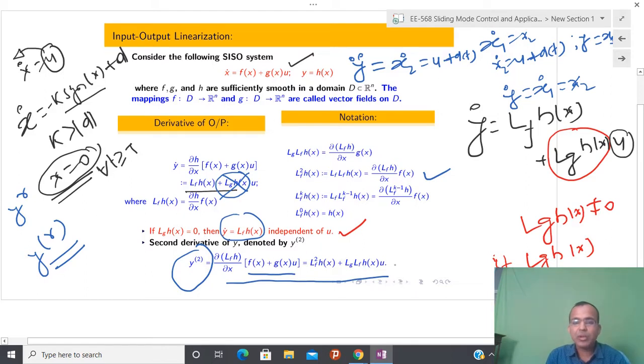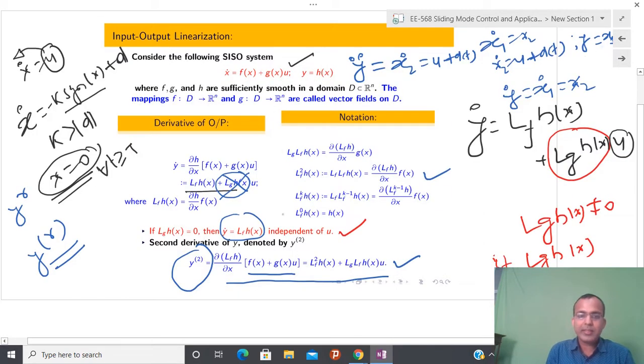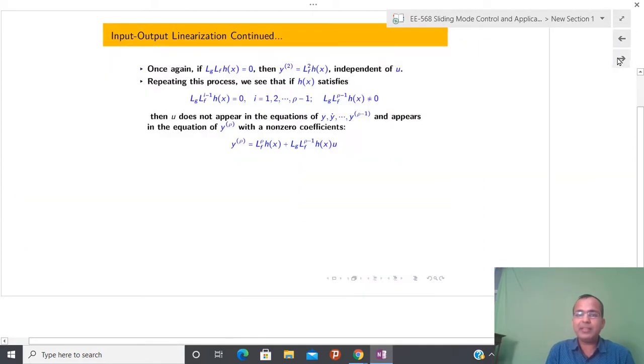Now let us see that whenever I have this kind of thing, it might be possible that even the second time control is not going to appear. In this way, it means that again I have this equal to 0. So I will give you one example, then things become clear. x1 dot equal to x2, x2 dot equal to x3.